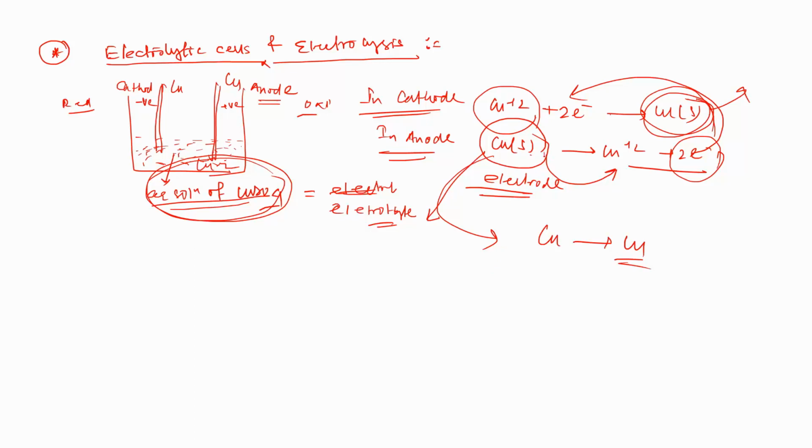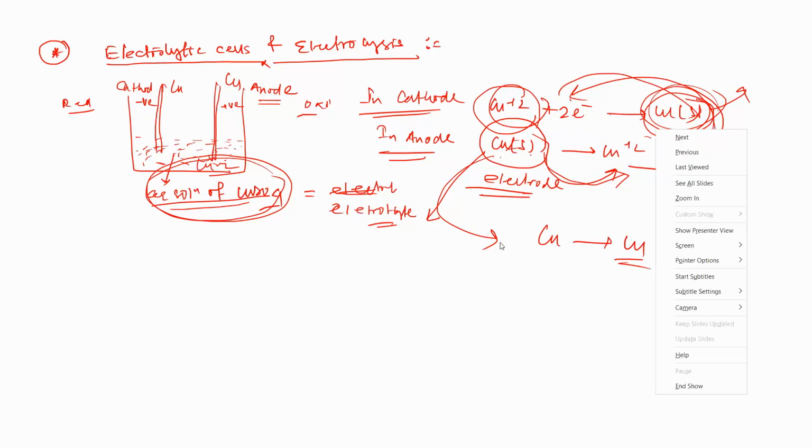This copper first oxidizes to copper plus 2, and in this electrolytic solution, this copper plus 2 takes the 2 electrons and forms the copper. So basically we get copper to copper, but both coppers are different.